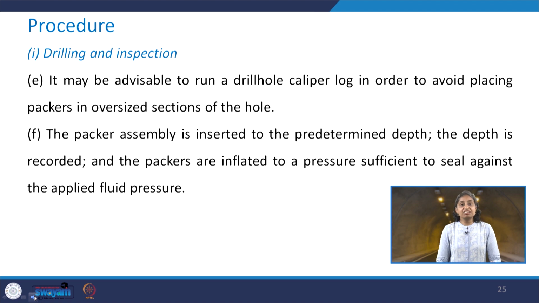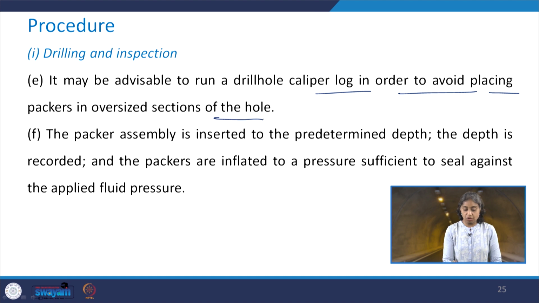It may be advisable to run a drill hole caliper log in order to avoid placing packers in the oversized sections of the hole. The packer assembly is then inserted to the predetermined depth. That depth is recorded and the packers are inflated to a pressure sufficient to seal against the applied fluid pressure.